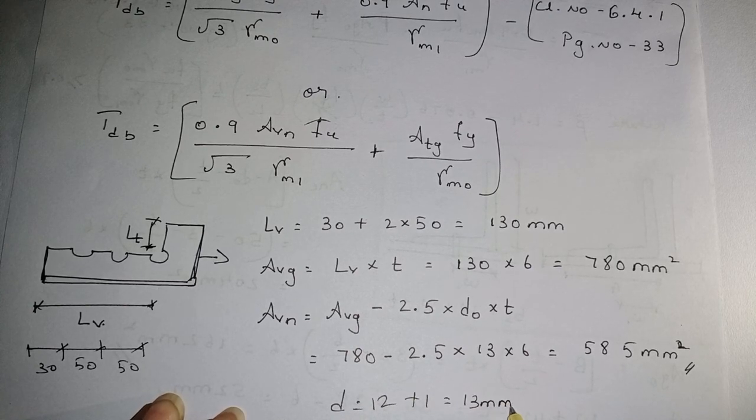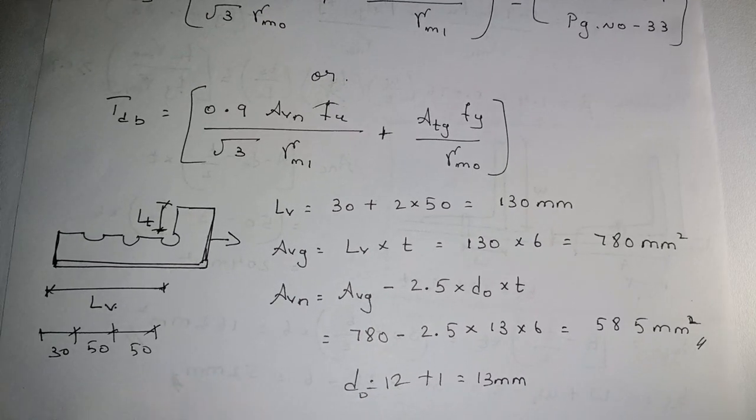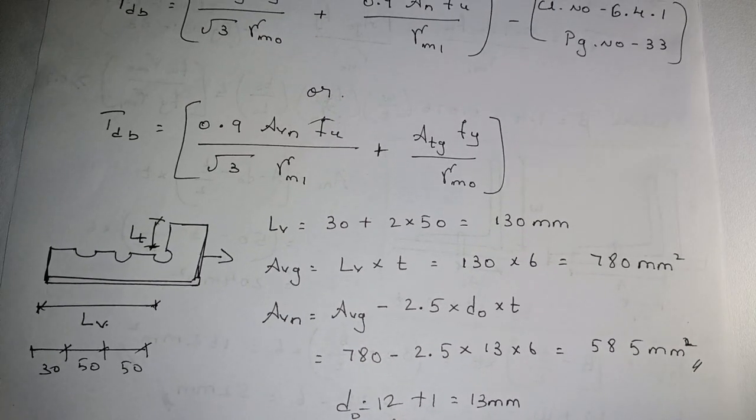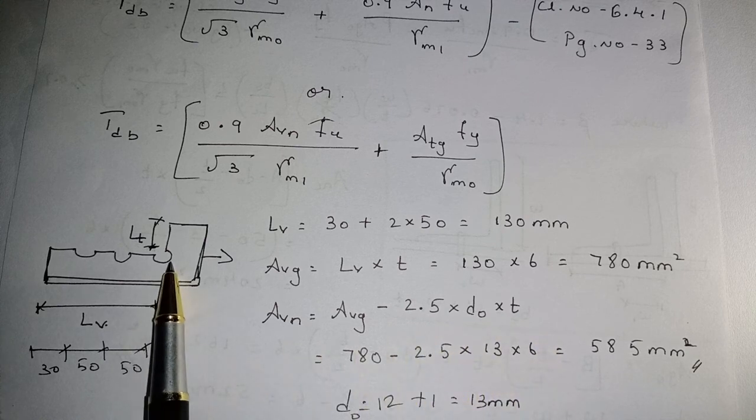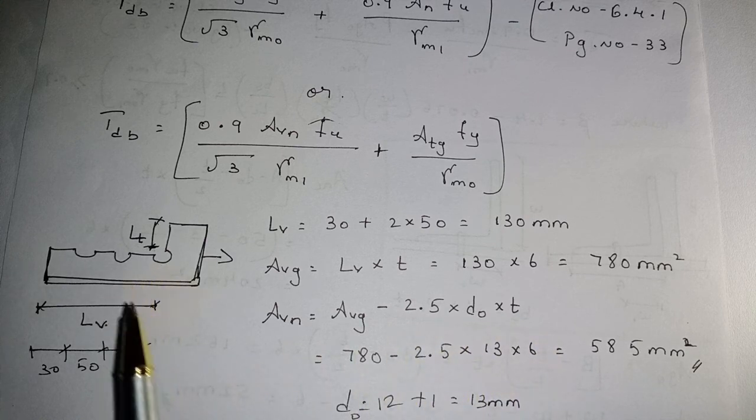So that is the D naught. Clearance is 1 because the diameter is 12. So thickness is how much? 16. So totally we have minus the bolt hole diameter term. Okay, bolt hole. So now we got it as net area.